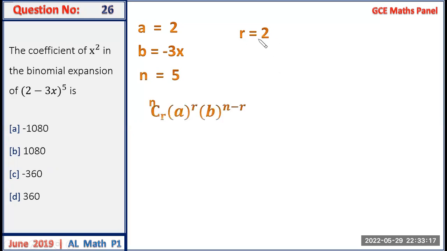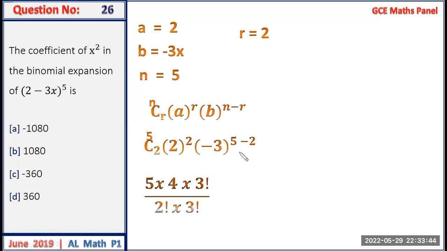So the power r is 2. So N combination r, A to the power N minus r, B to the power r. Since the power of that term is 2, we have 5 combination 2, times 2 to the power 5 minus 2, times minus 3x to the power 2. All right, x is missing here, but it's supposed to be here. Minus 3x, please take notes. But here, I've just left out the x because I'm interested only in the coefficient. That's why the x has been left out.